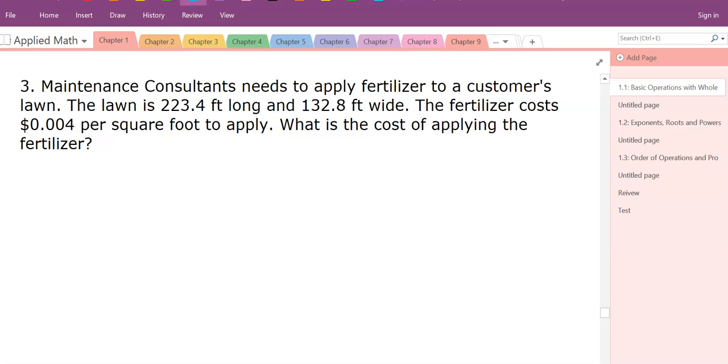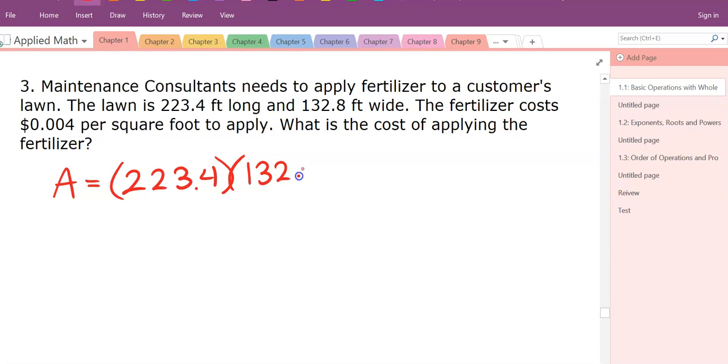For this next one, we're talking about area and spraying fertilizer on this entire lawn. So the first thing we want to do is find area of the lawn. So we're going to take 223.4 times that 132.8, because area of a rectangle is length times width.